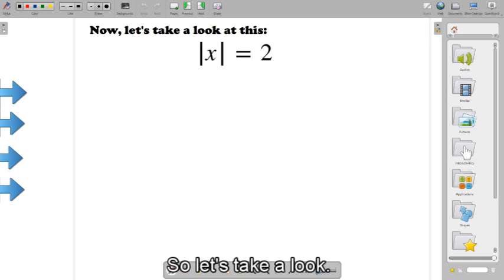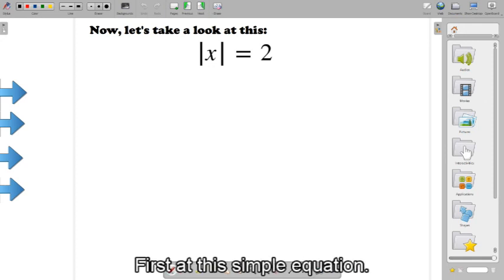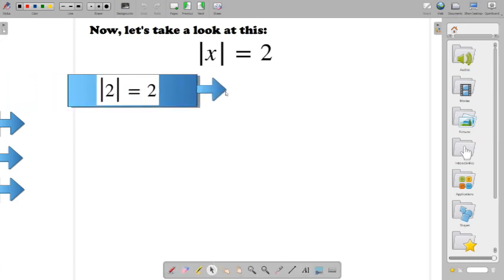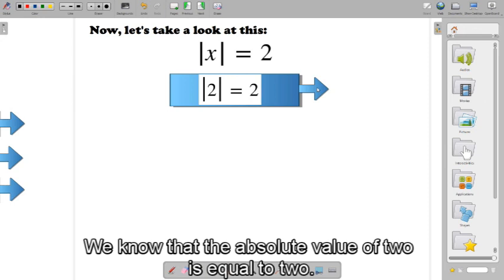So let's take a look first at this simple equation. Absolute value of x equals 2. We know that the absolute value of 2 is equal to 2.